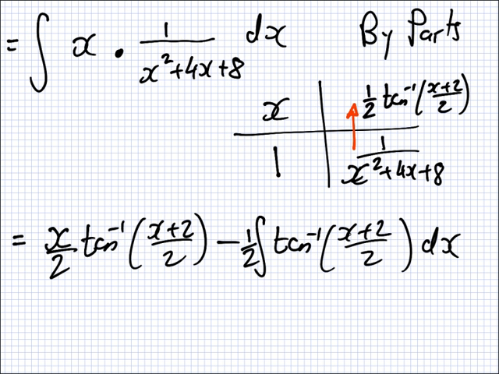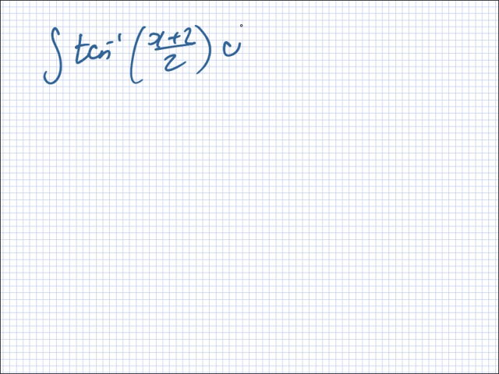Continue with the side problem on the left now. So off to the left we go. And we need to integrate tan inverse x plus 2 over 2 dx. So what is the technique here? What do we do here? So what should we make u equal to? X plus 2 over 2.